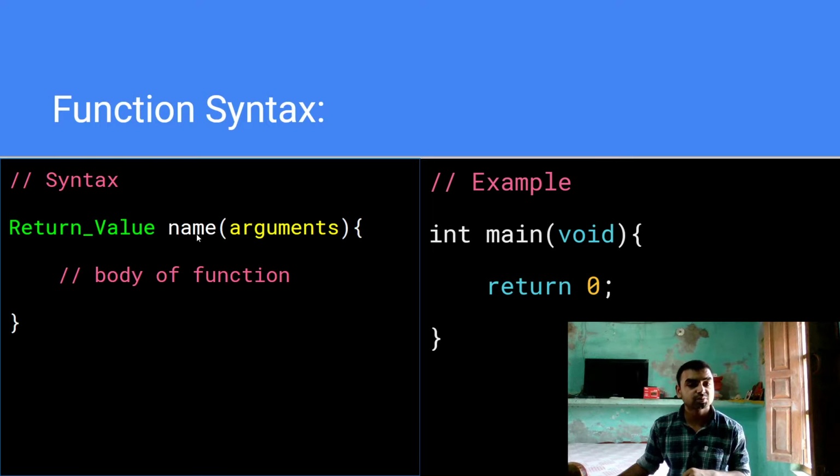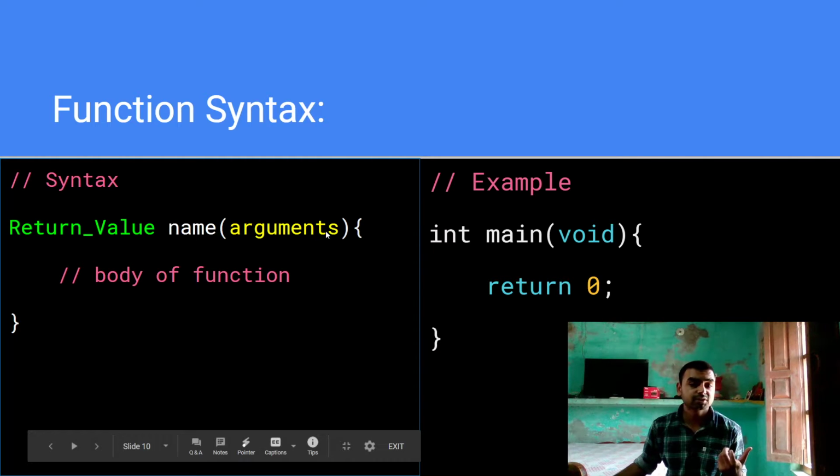Then we need to specify the name of the function. In our case, the main function was fixed. It was to be named main. If you name it something else, the program is not going to work. Every C++ program requires at least one main function.